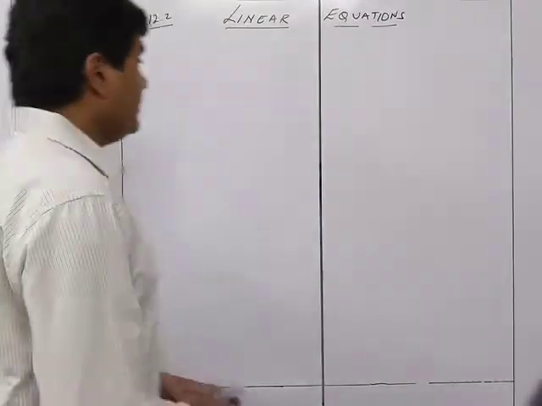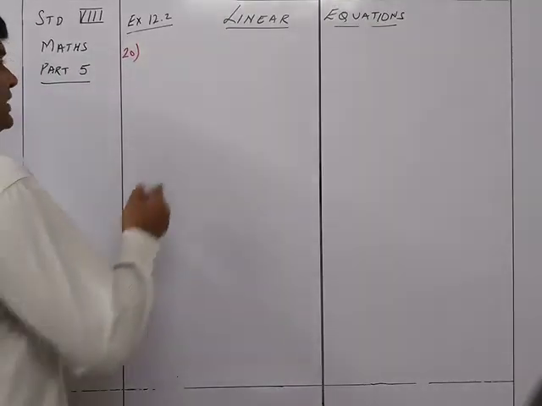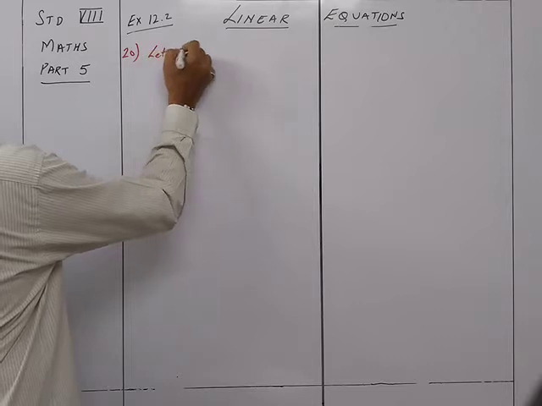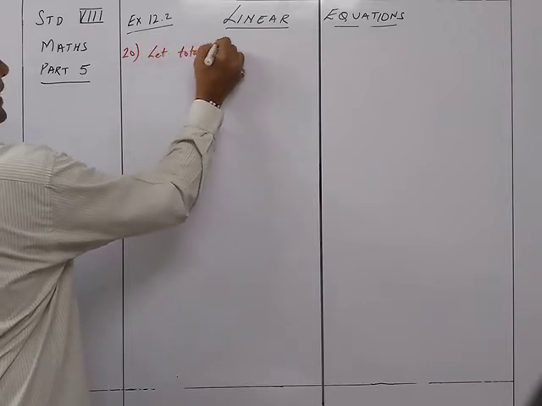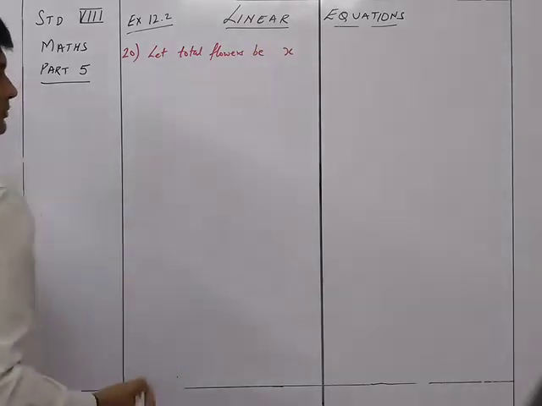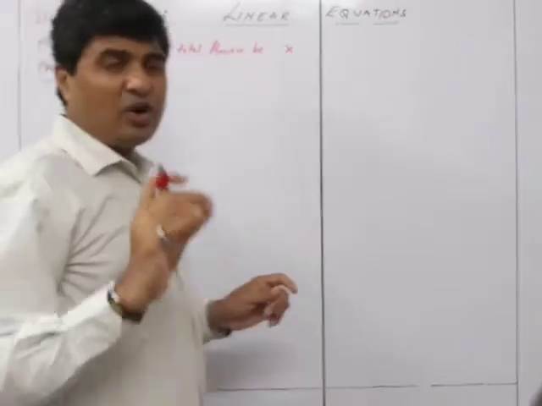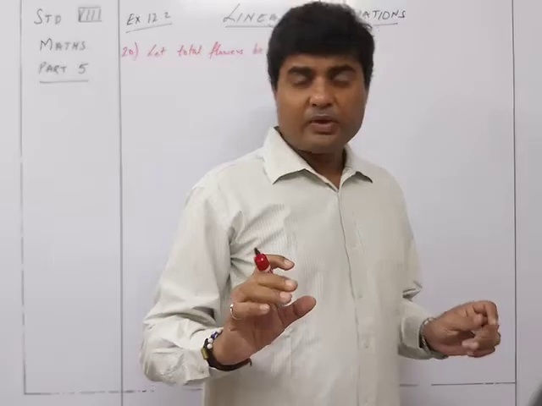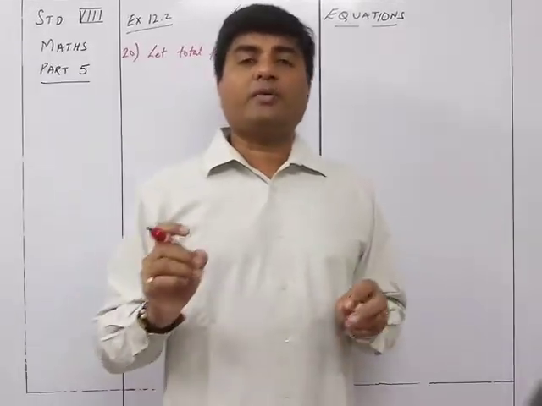So good. Again, the same as the sum of the herd. So we have over here, let total flowers be x. Okay. So Sakshi had got x number of flowers. She is going to put half of whatever there is in the basket.